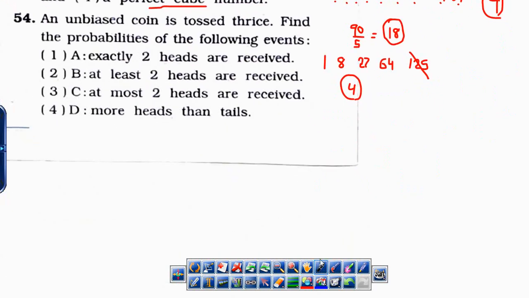54. An unbiased coin is tossed thrice. 3 coin toss important होते हैं, especially at least at most. Therefore, I will solve it here. Before solving the sum, you should have the list of 8 possibilities ready.